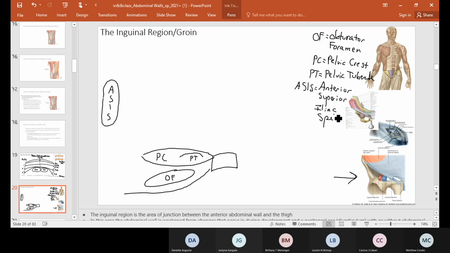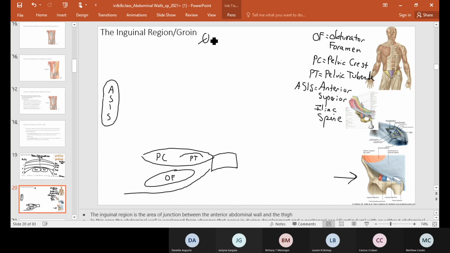Now, for this picture, like I said a little bit earlier, the inguinal canal is going to be kind of made up of the free edge of external abdominal oblique. But in this picture, if I draw in external abdominal oblique, it's going to completely mess up the picture. You won't be able to see anything underneath of it.